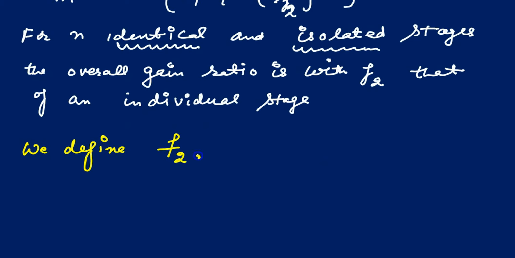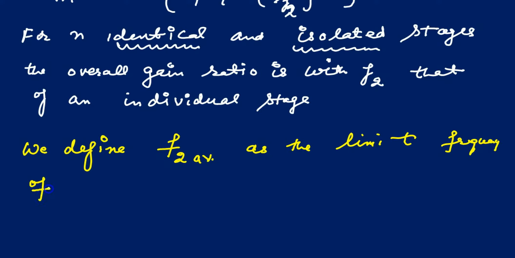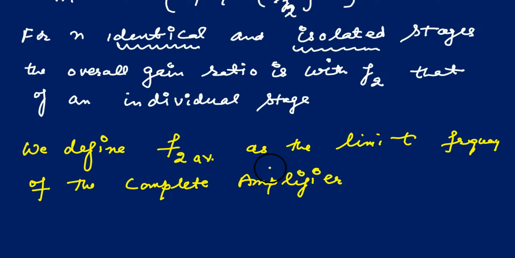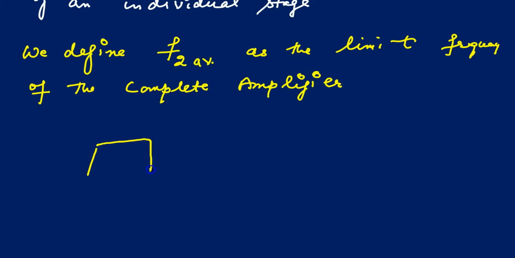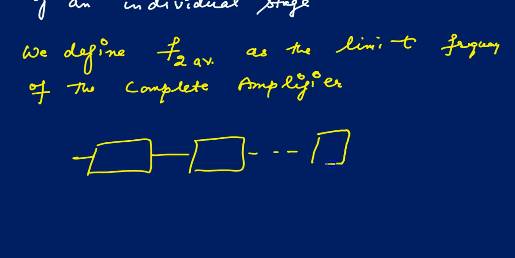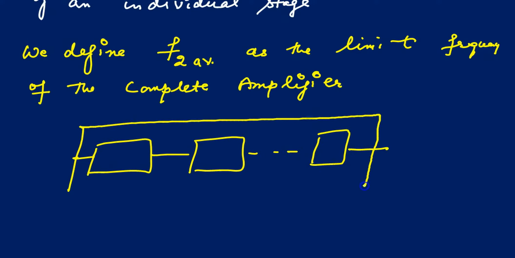Now we are defining another frequency, F2 average, very important. This is the limit frequency of the complete design of the complete amplifier having n stages.